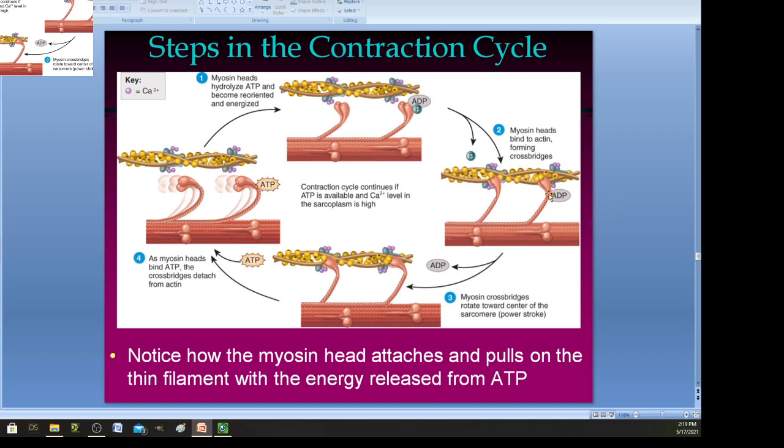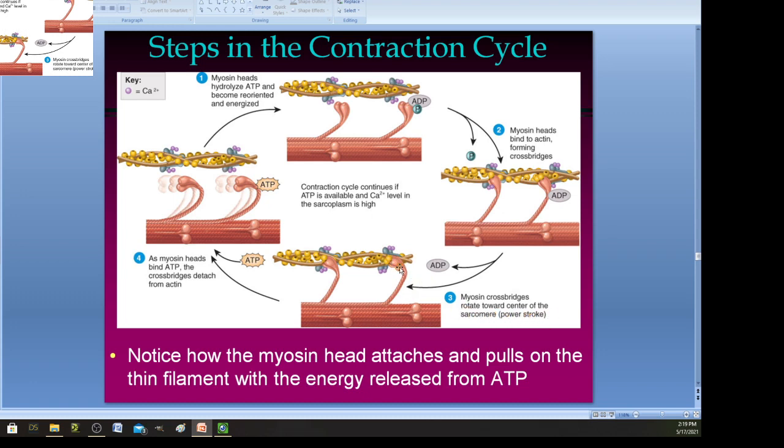Now, the myosin is charged with energy. So we've got this ATP that has jumped on and it's charged it. Now, this energy in the myosin is going to pull the myosin along the actin. So as they slide together, we get what's called a power stroke.